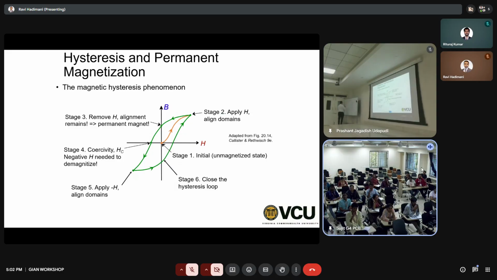I'll make it easier for you. A lot of the materials, this is H, this is, let's do M for simplicity. So that is MS, saturation magnetization.